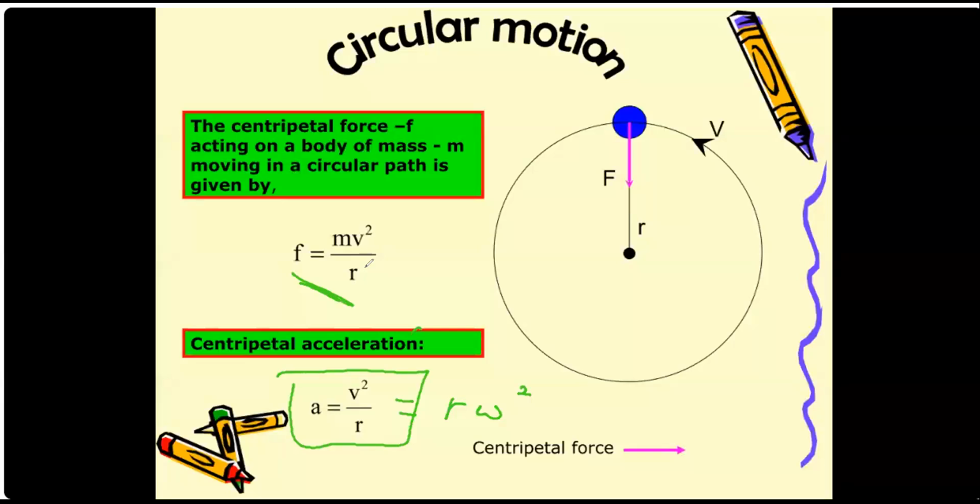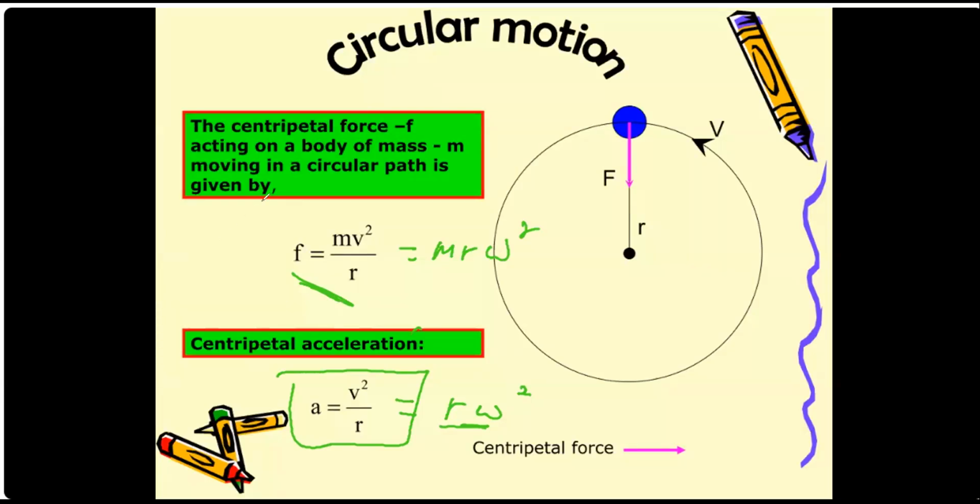And we can actually write that now in terms of what's here. So it's going to be equal to m r omega squared, right?